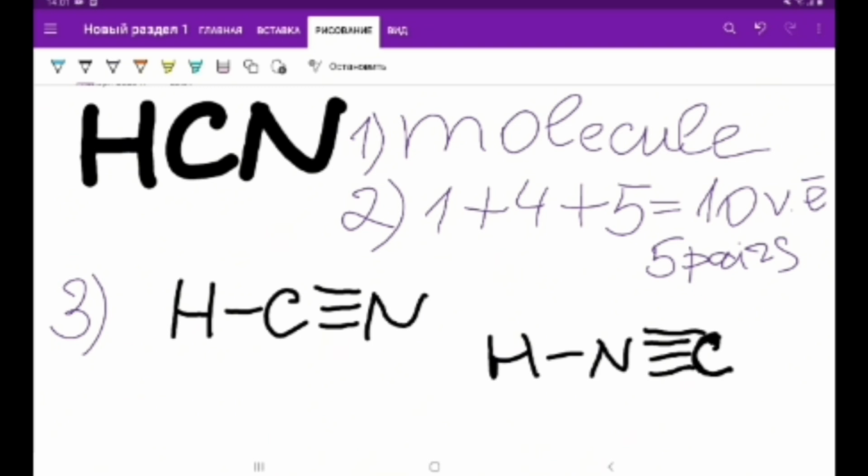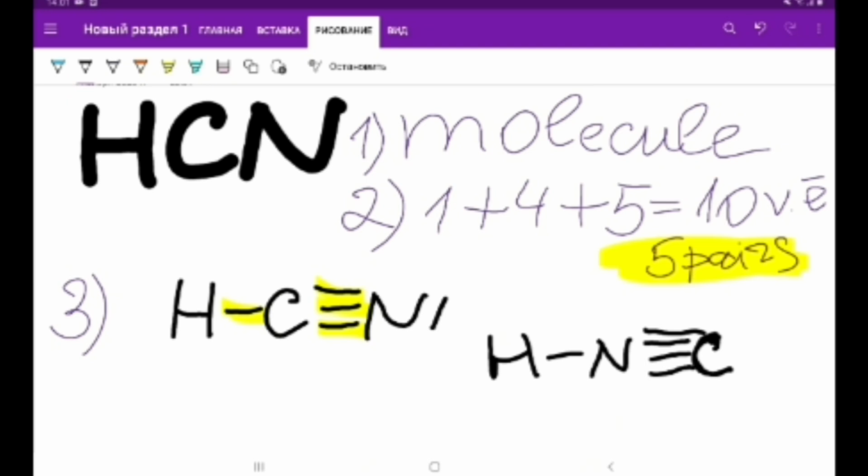Let's now have a look at valence electrons. Every bonding is 1 pair. We overall have 5 pairs. Let's see how many pairs we have here. In the first molecule we have just 4 pairs. 1 pair is missing. We can put it here on nitrogen.